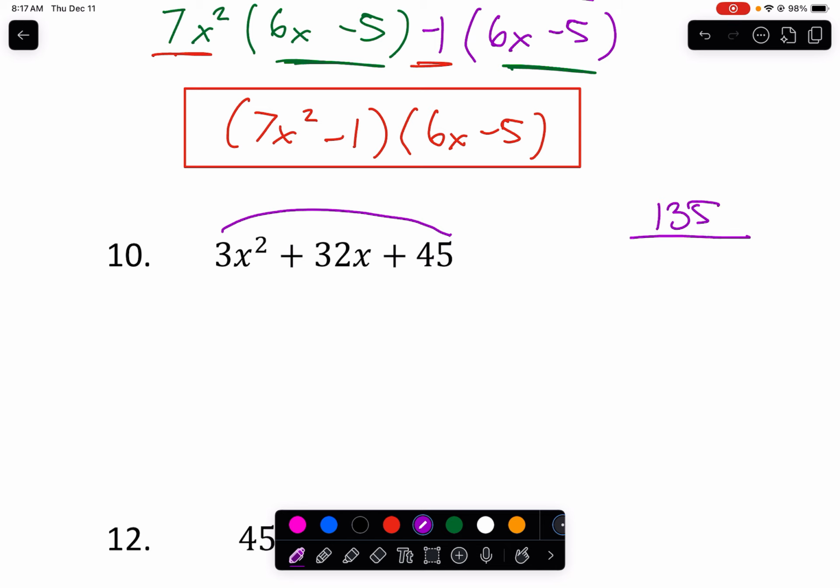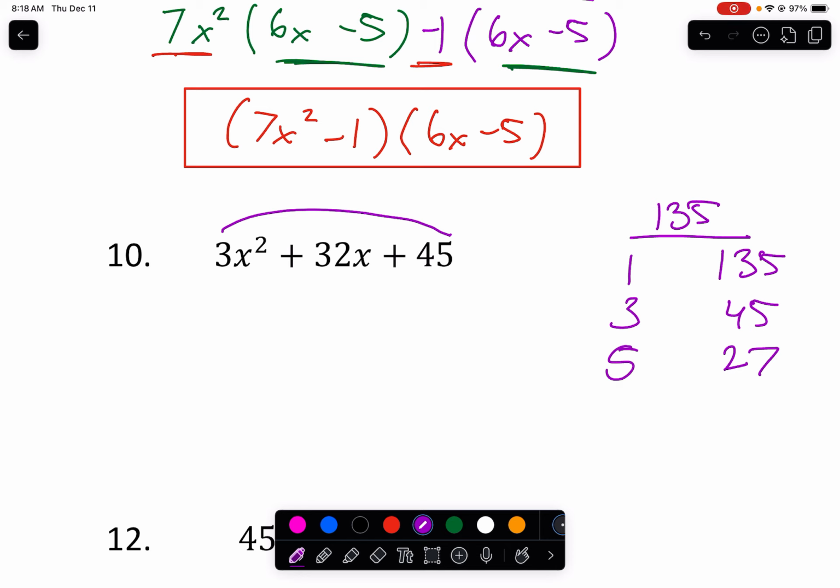So I'm going to list out all of my factors. I get 1 and 135. Let's see, 2 doesn't work. 3 and 45. 135 divided by 4 doesn't work. 135 divided by 5, I get 5 and 27. 135 divided by 6 doesn't work. 7 doesn't work. 8 doesn't work.